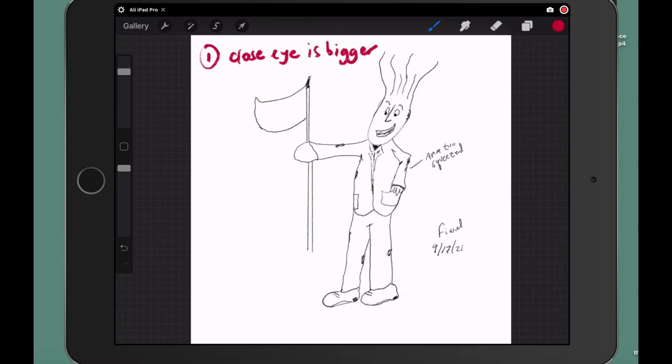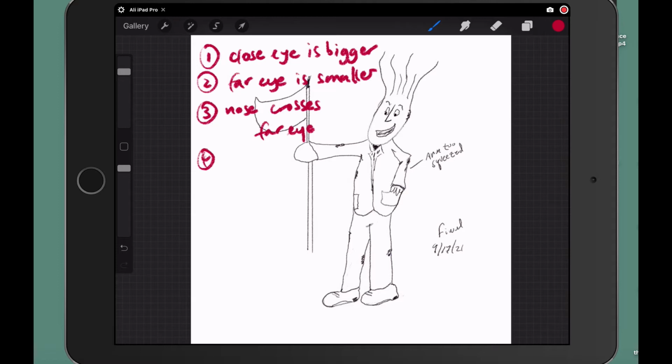The second principle is far eye is smaller, and the third thing is that the nose crosses over the far eye, and the final thing is that the top of the ear aligns with the eye line. Okay, so let's have a look here with Nixster.